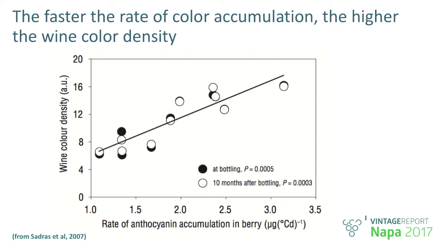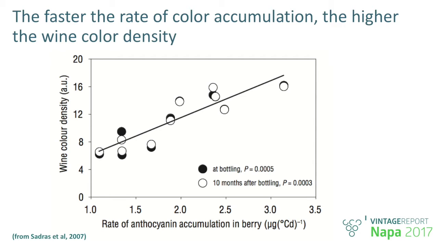You see here nicely, the data suggests that there is a link between the speed at which color accumulates and the density of the color in your wine 10 months after bottling. So there is some knowledge to gain by tracking the time profile of color accumulation.